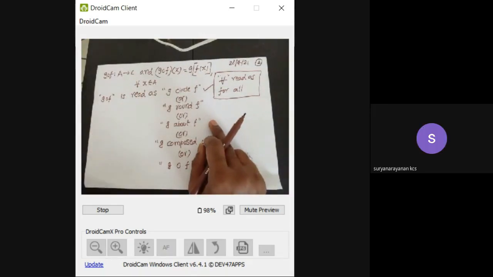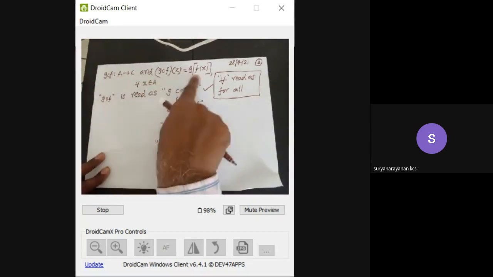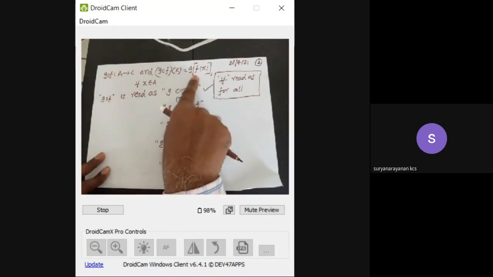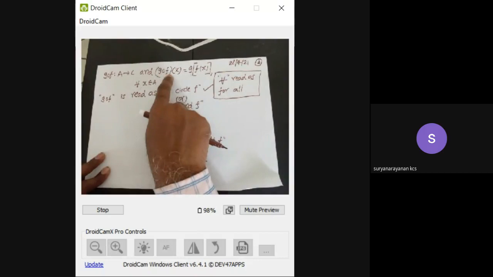So all of you should learn how to read these two lines. Actually, this part is called the definition of composite function of F and G. Don't be confused here, my dear children. It is not composite function of G and F. It is a composite function of F and G only.